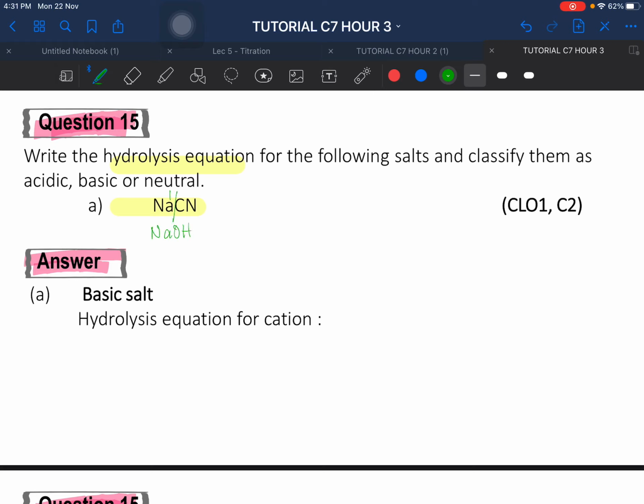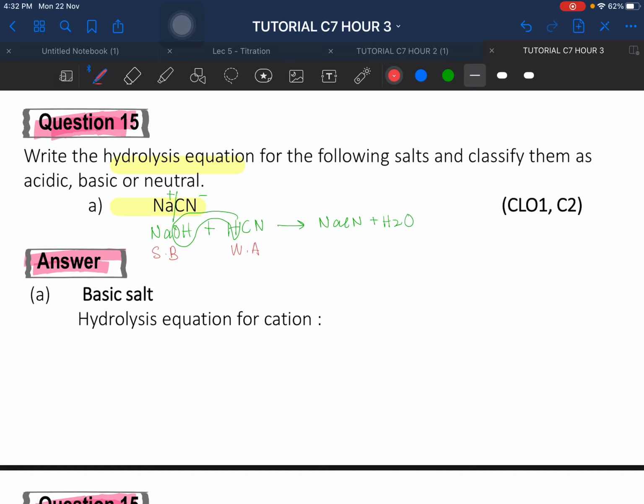Okay, it is separated into Na plus and CN minus, where NaOH reacts with the HCN, producing NaCN and H2O. Okay, this one like this. So this reaction is between strong base and weak acid.